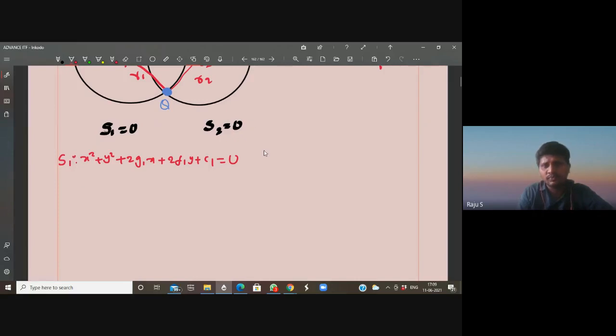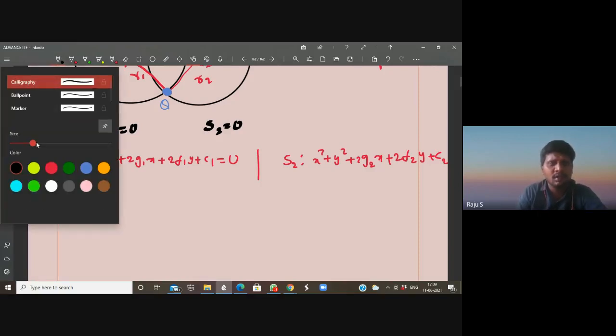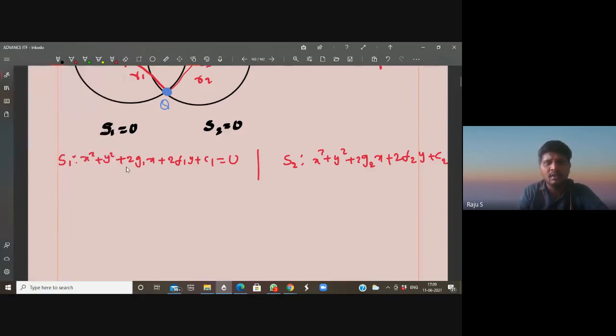And the second circle S2 is x square plus y square plus 2g2 x plus 2f2 y plus c2. Now the center of the circle S1, C1, is minus g1 comma minus f1.